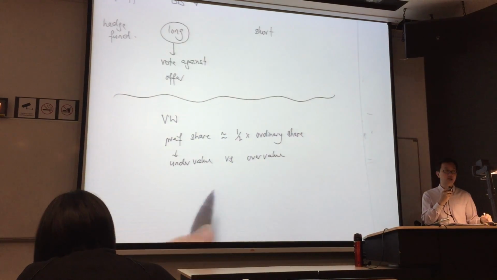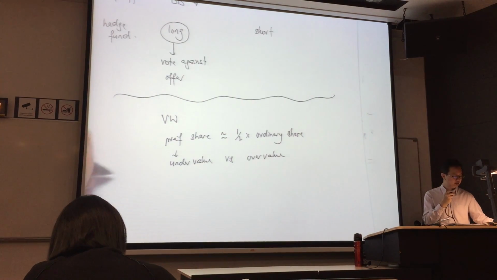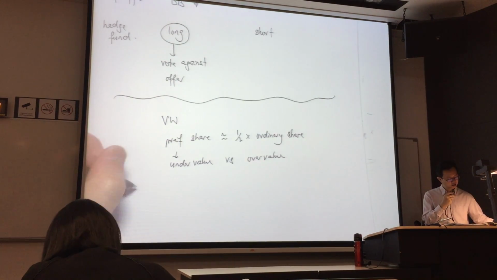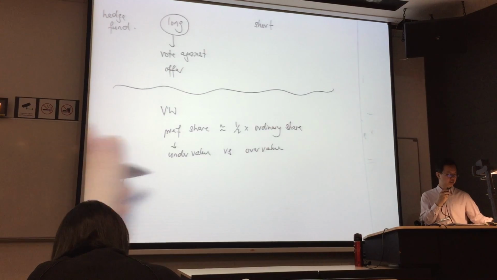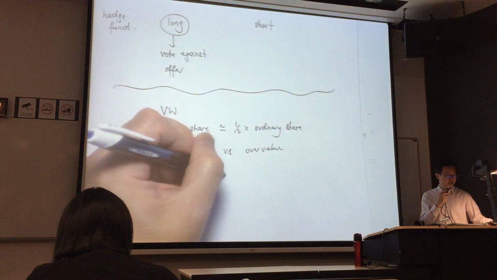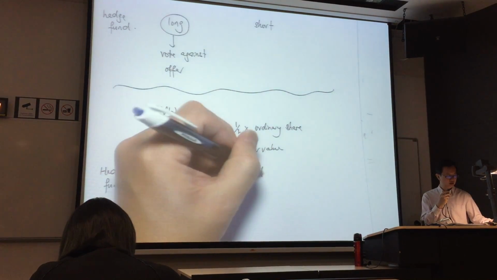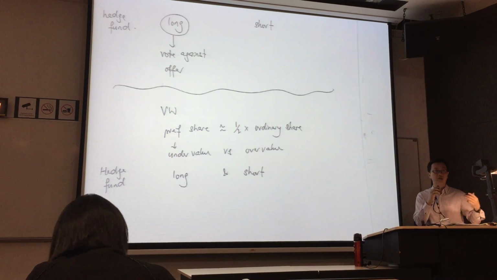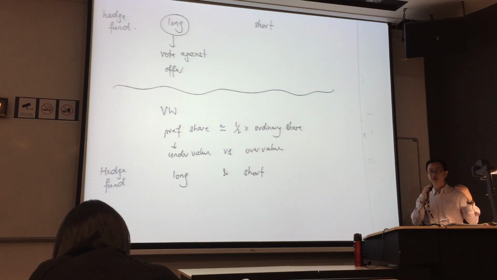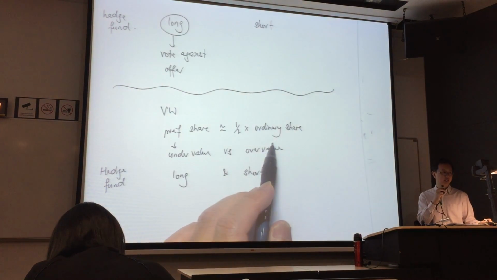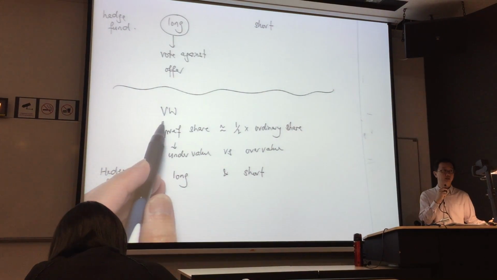So because of this perception, what is the hedge fund strategy? The hedge fund strategy is that they will go long on the preferred share and short the ordinary share. So they are trying to capitalize on the convergence of these two security prices subsequently. So, long the preferred share of Volkswagen and short the ordinary shares of Volkswagen.